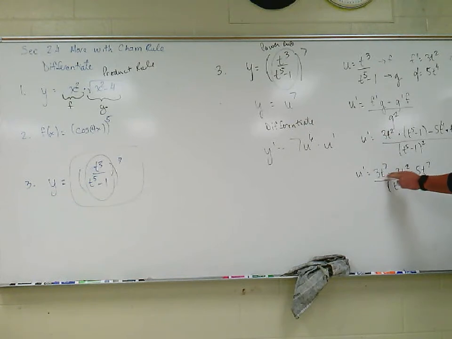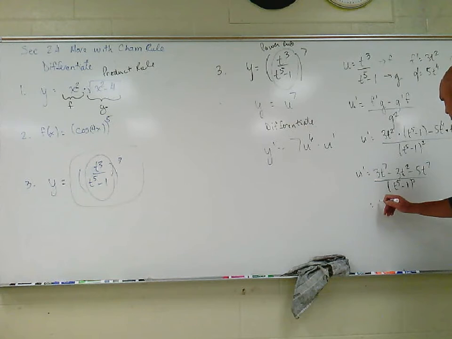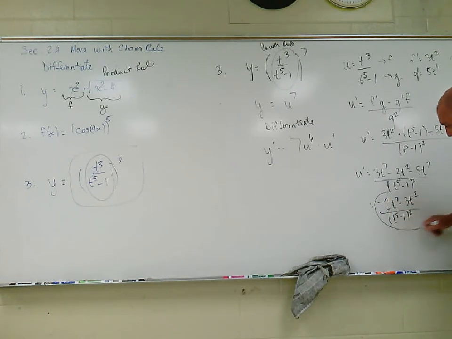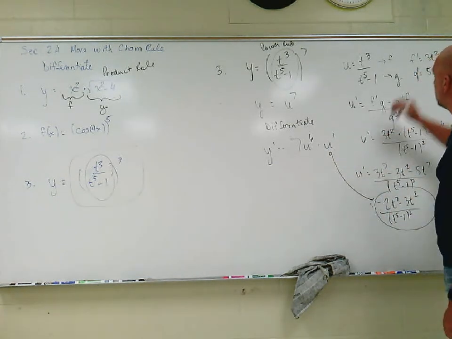So 3t to the seventh minus 5t to the seventh, we can write this as negative 2t to the seventh minus 3t squared all over t to the fifth minus 1 quantity squared. All of that goes in for u prime.